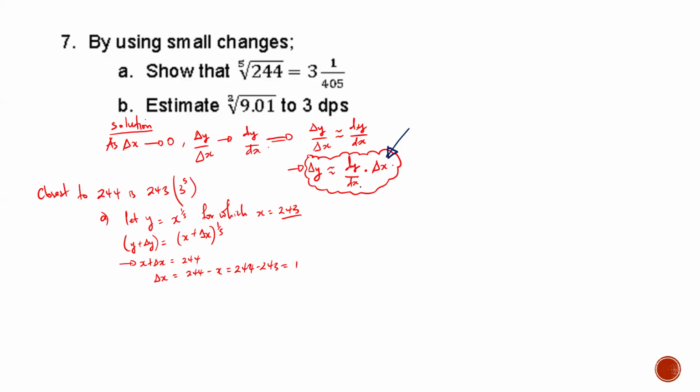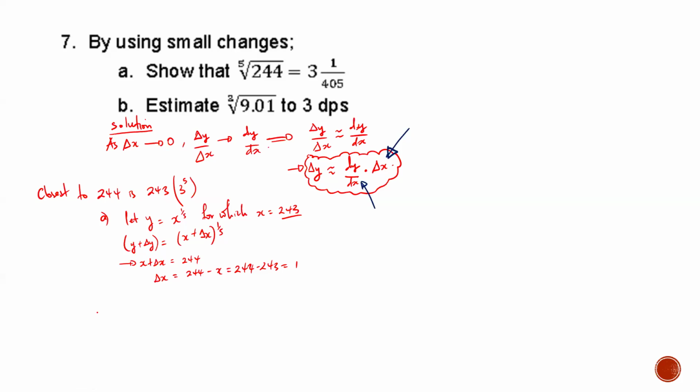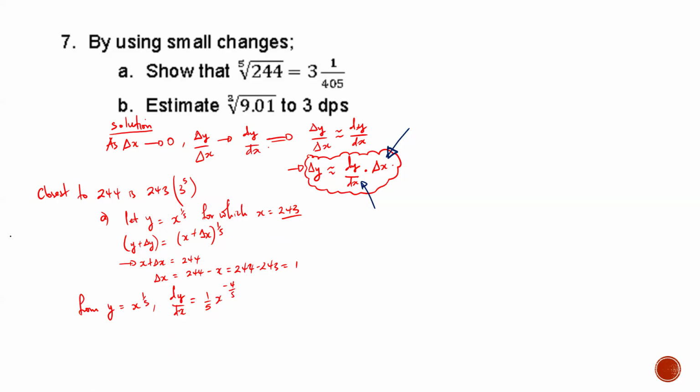Now the next thing we will have to do is find dy/dx. From y equals x power 1 over 5, dy/dx is equal to 1 over 5 times x power negative 4 over 5. All this we are trying to do is find y plus delta y.